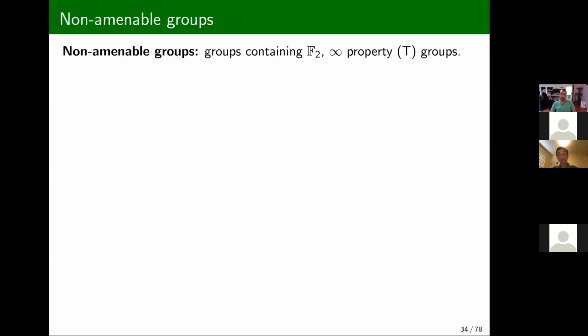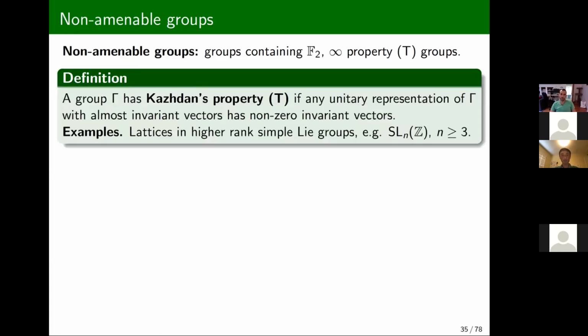And other examples of non-amenable groups include infinite property T groups. I'll give you the definition of this notion since it plays a role later in my talk. A countable group gamma has Kazhdan's property T if any unitary representation of gamma with almost invariant vectors has non-zero invariant vectors. Here, having almost invariant vectors is exactly in the sense I mentioned before for amenability.